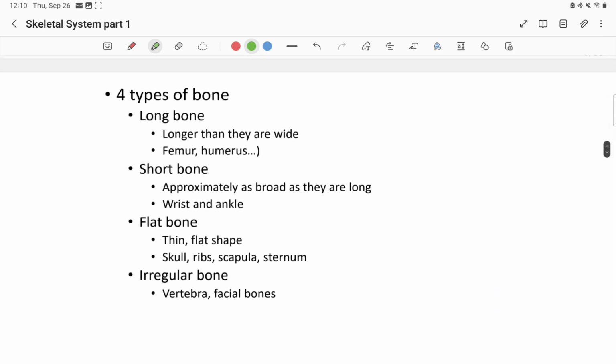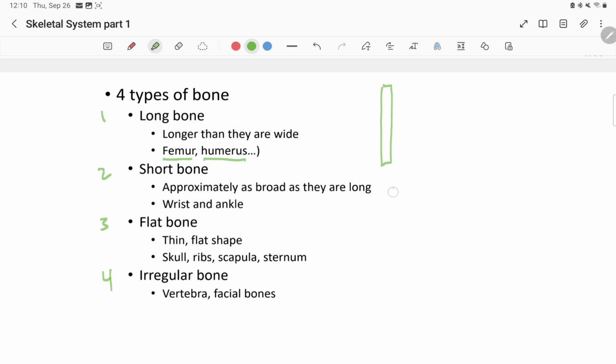Okay, we have four types of bone: long bone, short bone, flat bone, and irregular bone. Okay, long bone is longer than it is wide. So an example would be a femur, which is your thigh bone, or the humerus, which is your arm bone.